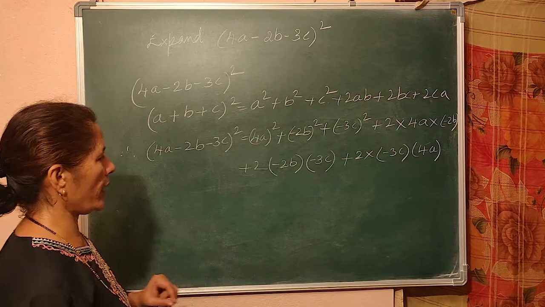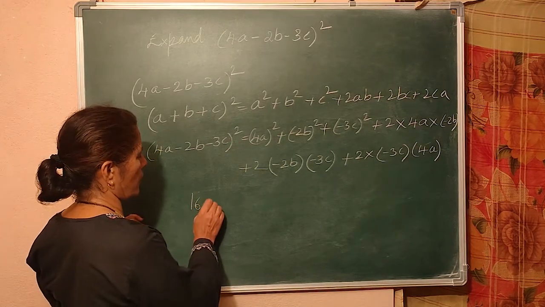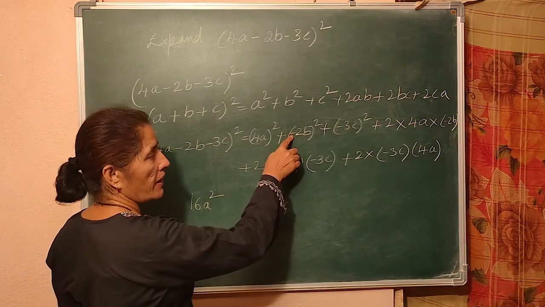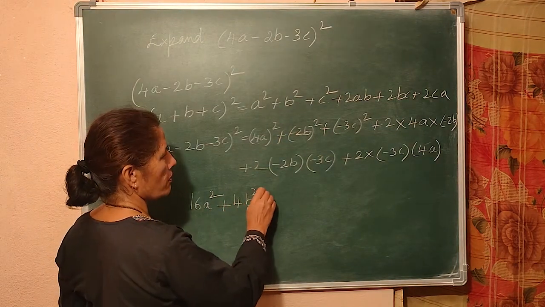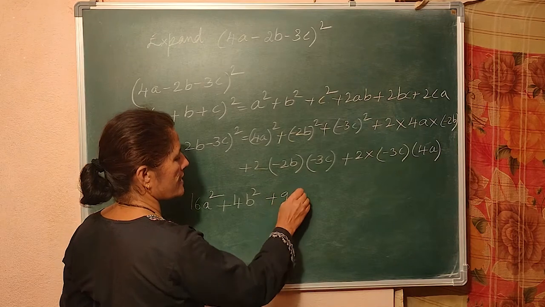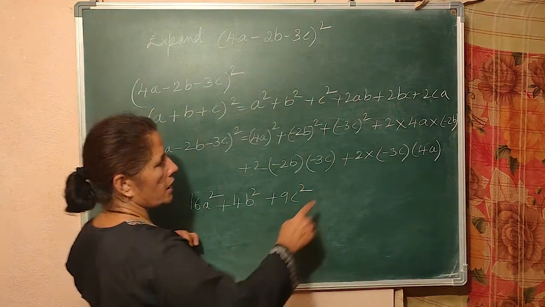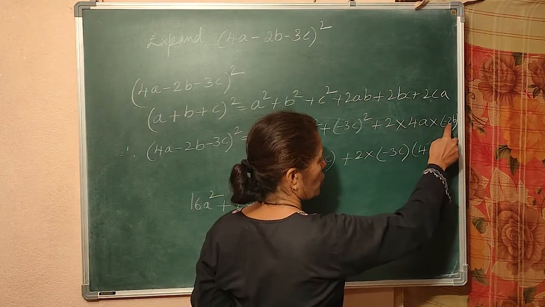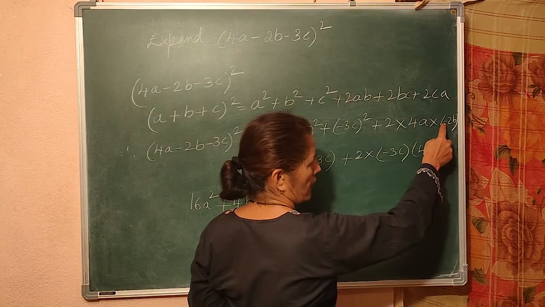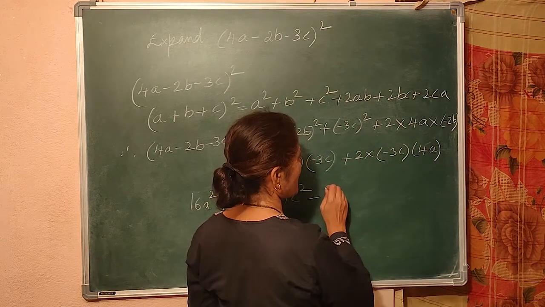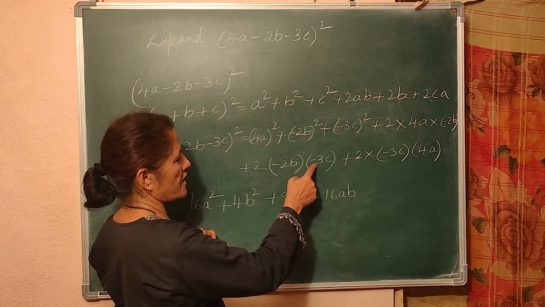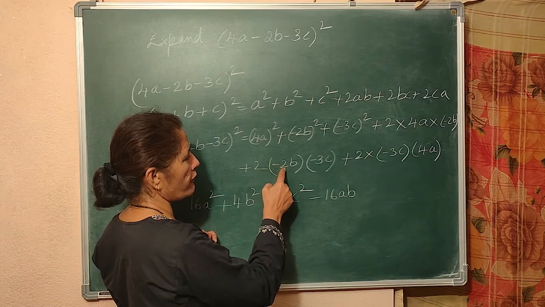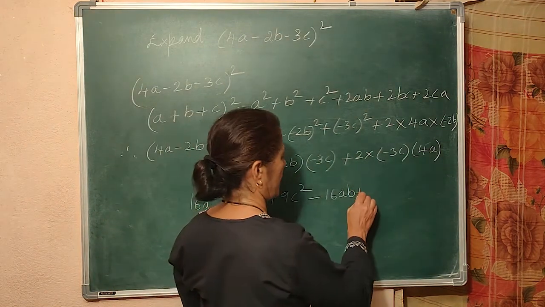So, 16a square, minus into minus is plus 4b square plus 9c square. 2 4s are 8, 2s are 16. Since there is only one minus, minus 16 will be. Here minus into minus is plus. 2 2s are 4, 3s are 12bc.